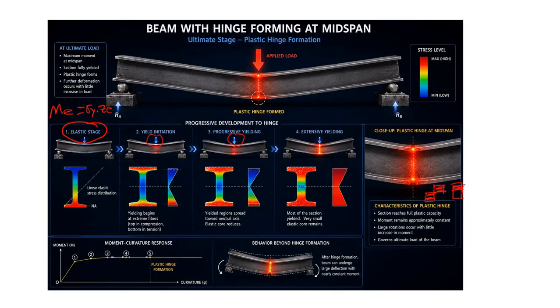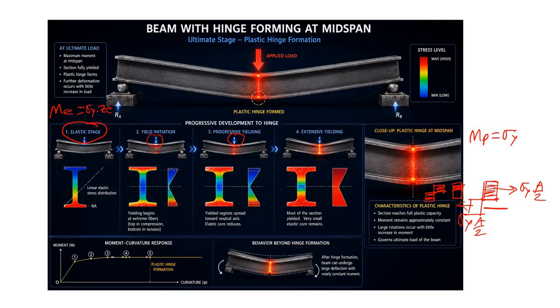So here the moment will be known as plastic moment. What will be the value? The value will be simply sigma y, right? And if this is the stress distribution, all the fibers are sigma y. So the resultant force here is sigma y times total area, and this is the half area A by 2, and here is also sigma y A by 2.